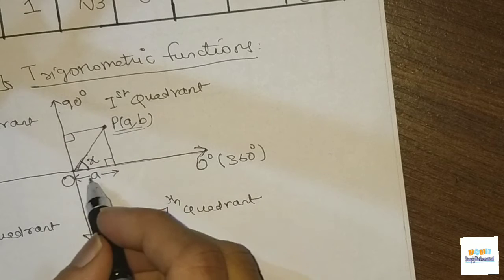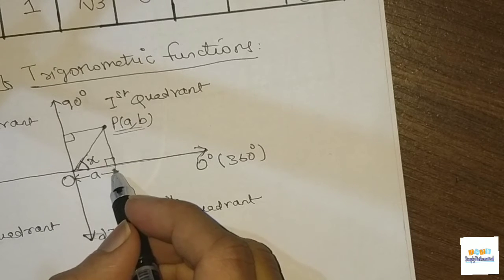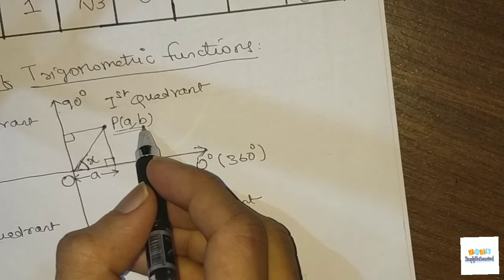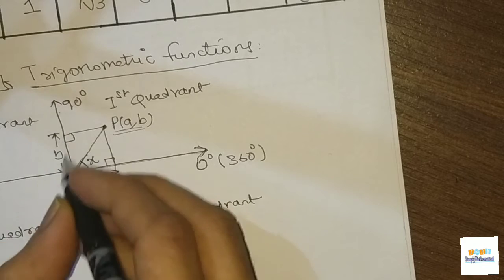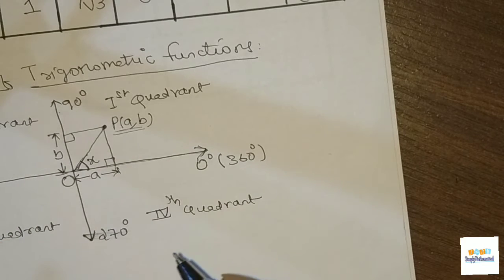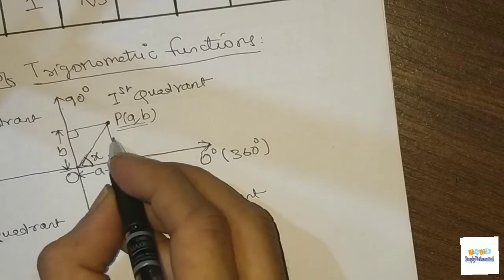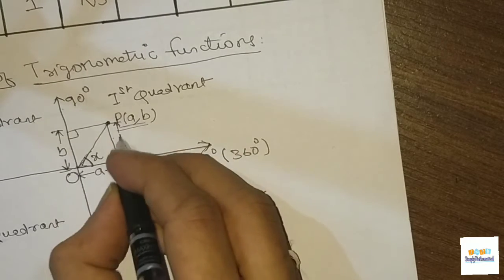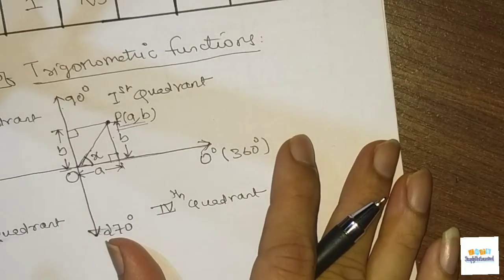So this A means the distance from the origin to here, and the y coordinate is B, so this will be B. So this is B, this is A. Since this is parallel to this, here you will get the distance as B.